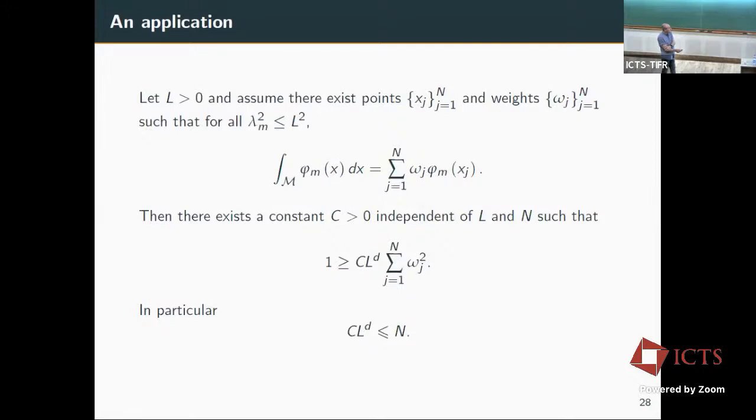So if you have an L design, then you cannot have more eigenvalues than this quantity here. Okay. So this proves that the extension to manifolds of Bondarenko, Radchenko, and Viazovska's result on the sphere was in fact sharp.